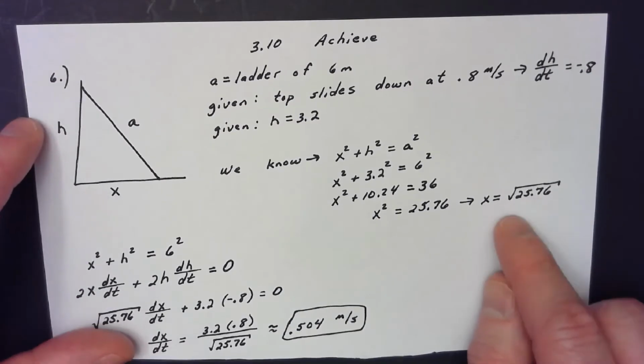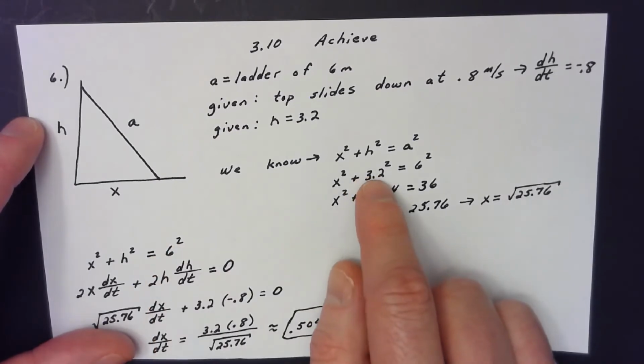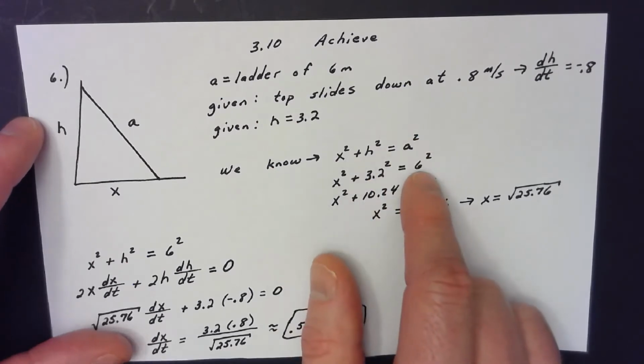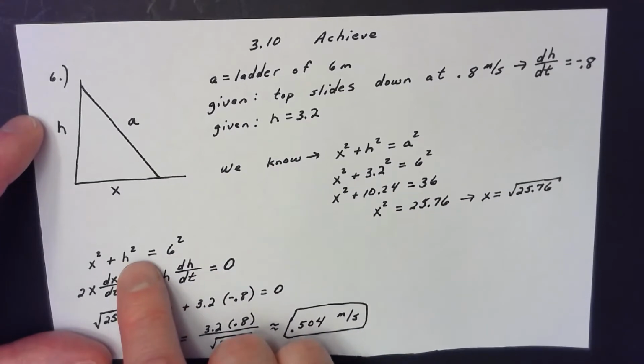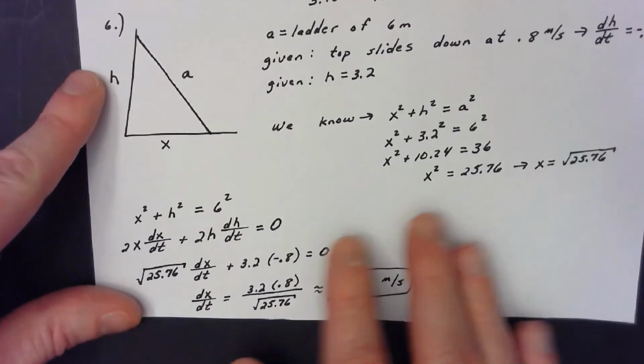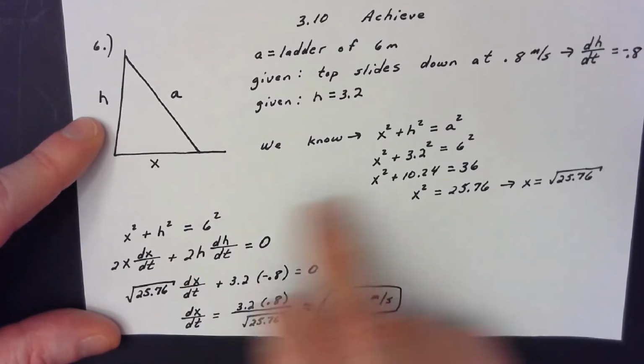Now, I'm going to use that same Pythagorean theorem, but instead of being able to plug in variables, like the h is 3.2 and the a is 6, I can't plug them in this case until I take the derivative. Anything that varies must stay a variable. Well, you'll notice down here I did go ahead and plug in something for the a in this case.